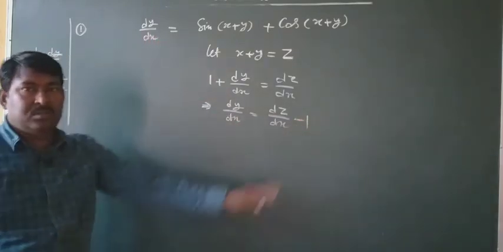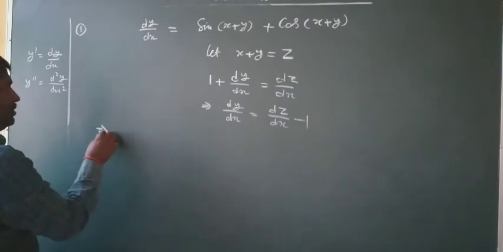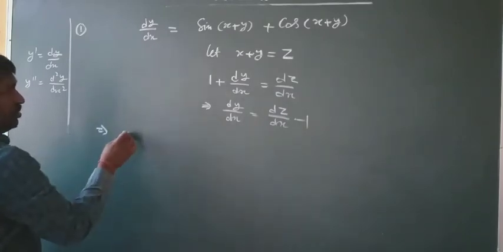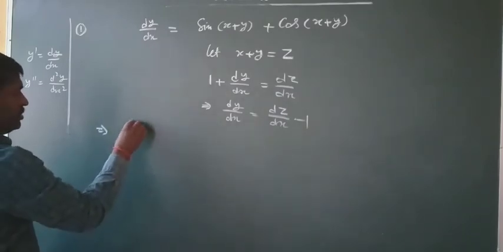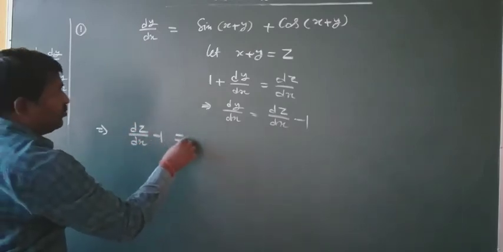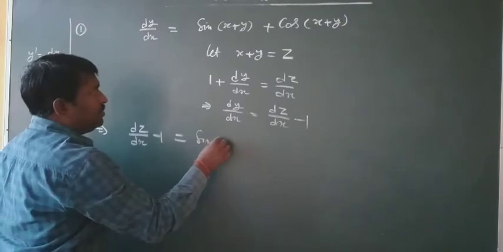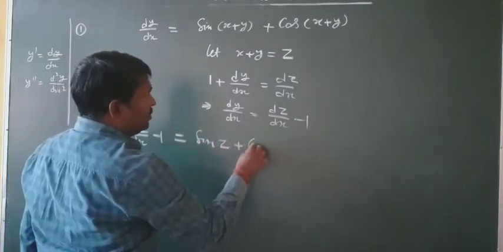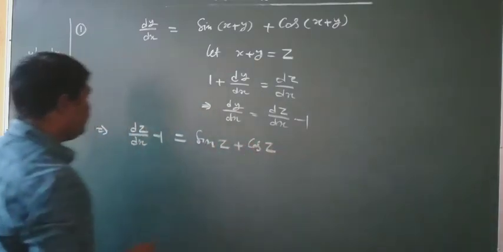So your differential equation is now reduced to dz upon dx minus 1 is equal to sin z plus cos z.